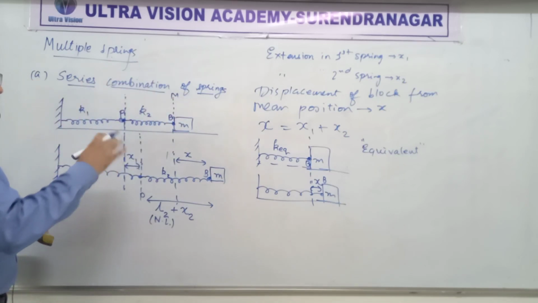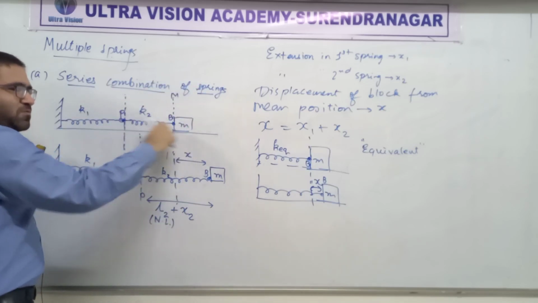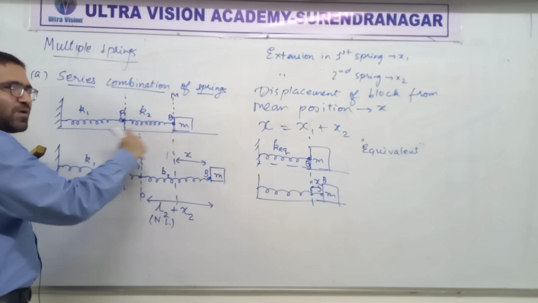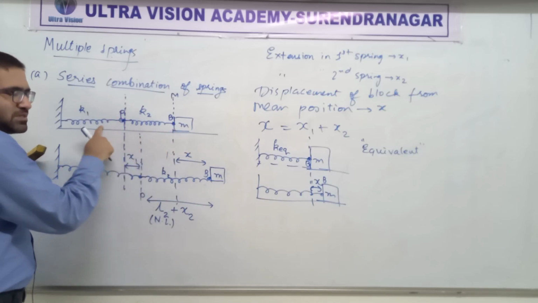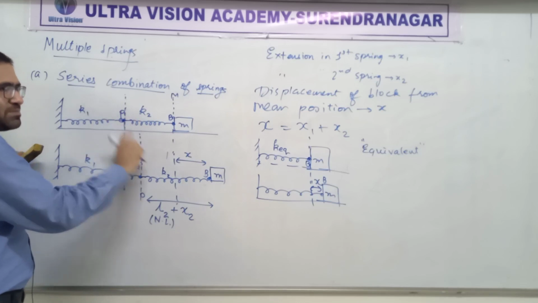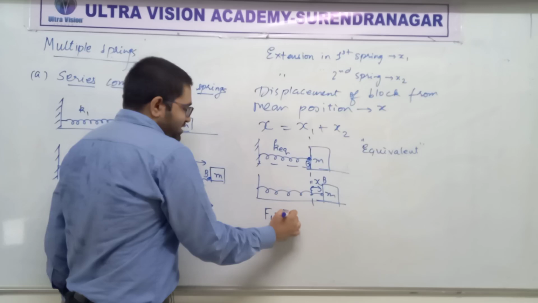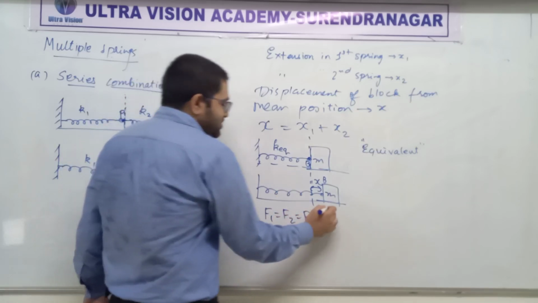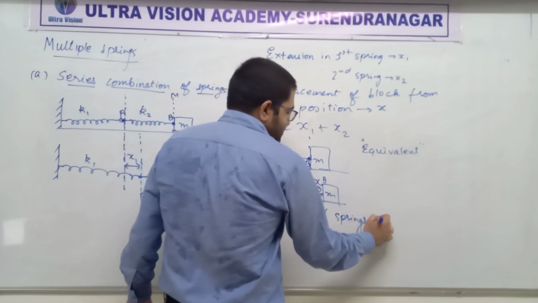So let's write down forces and all that. While this is oscillating, the forces in both the springs will be the same. That is, I am saying F1 will be equal to F2 equal to F. Reason: springs are connected to each other.